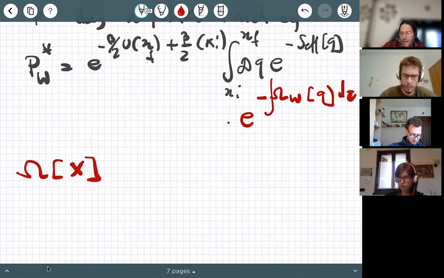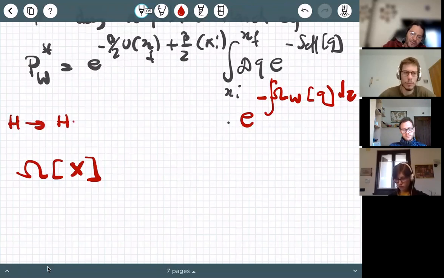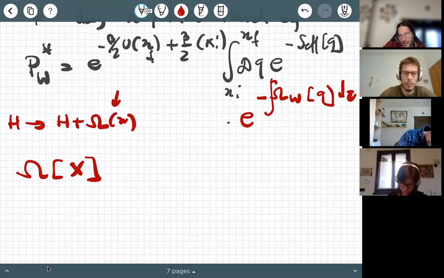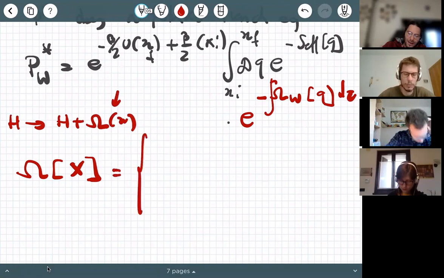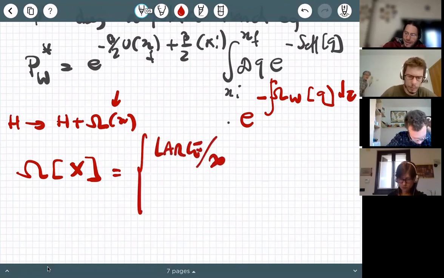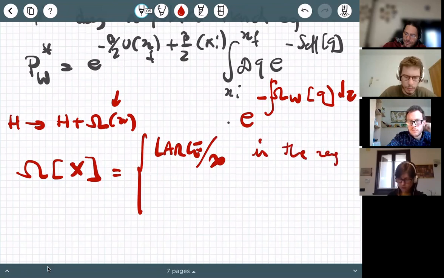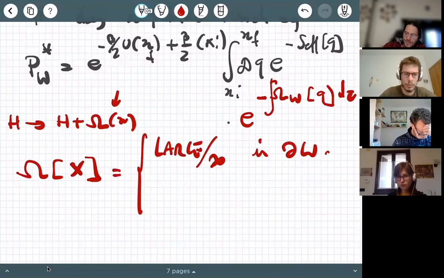So basically, I change the effective Hamiltonian: the effective Hamiltonian goes into the effective Hamiltonian plus a function, omega of x, a new contribution to the effective potential, okay? And this is such that it is large, say, infinite, in the region, say, on, or even simply at dW, and 0 everywhere else.